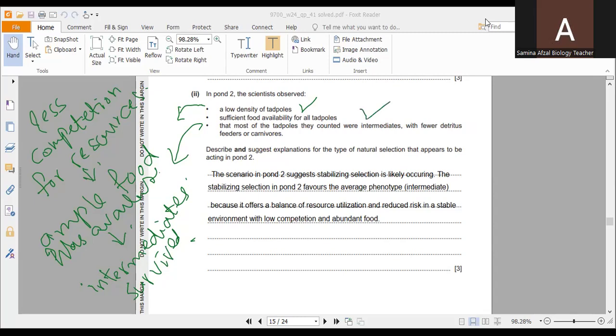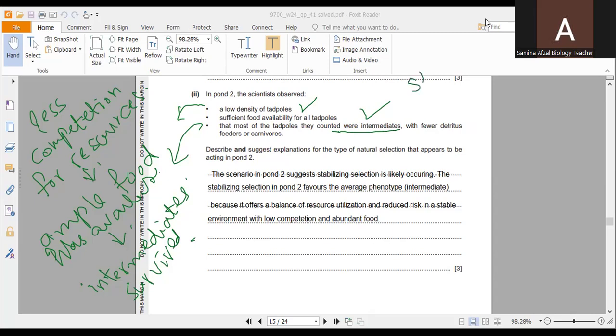Instead of extremists, detritus feeders depend on organic material, carnivores only depend on other organisms or animals. There was more availability of the intermediates, which were depending on all types of food. So this type of natural selection is called stabilizing selection.